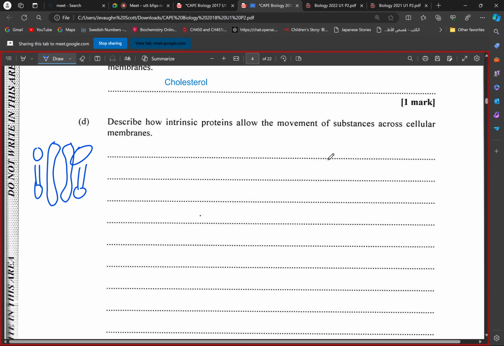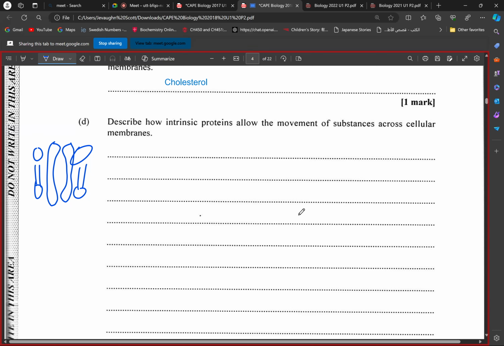Channel proteins generally help with facilitated diffusion, and our example would be the aquaporin. Facilitated diffusion is along the concentration gradient, and then we have carrier proteins.